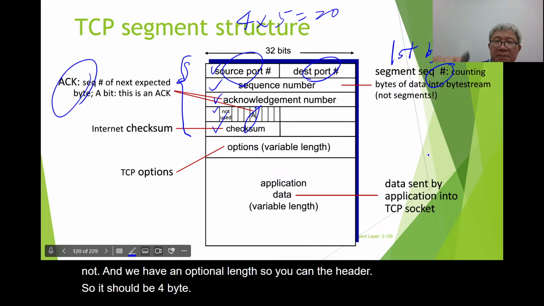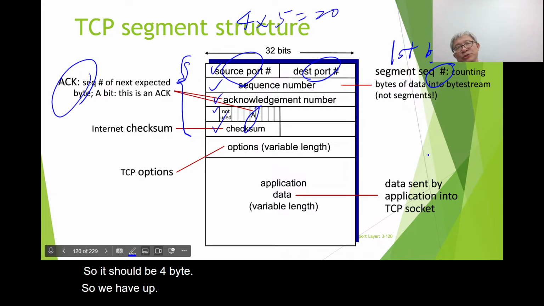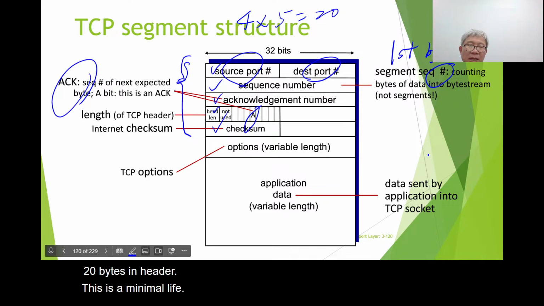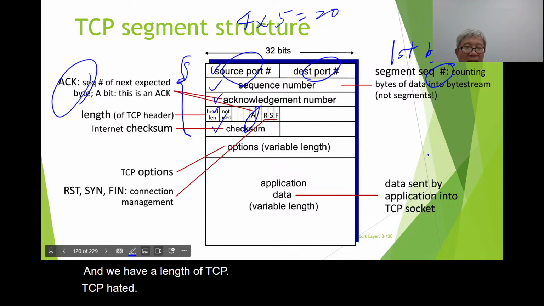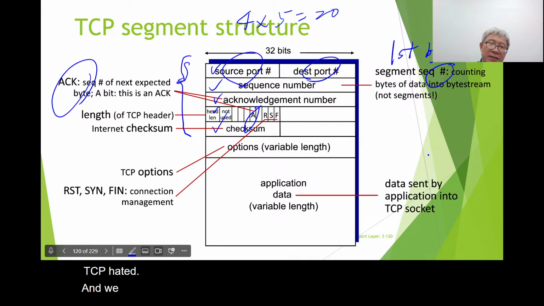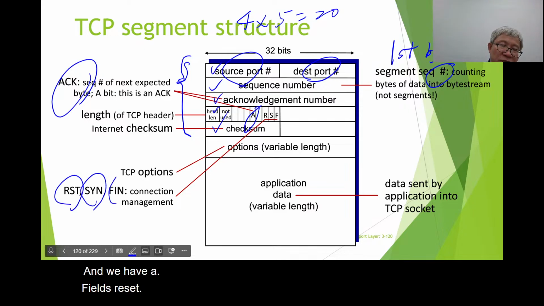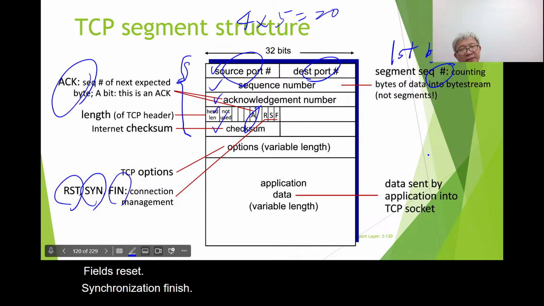So we have 20 bytes in the header. This is the minimal length. And we have the length of the TCP header. And we have the fields reset, synchronization, and finish, FIN, for connection management later.